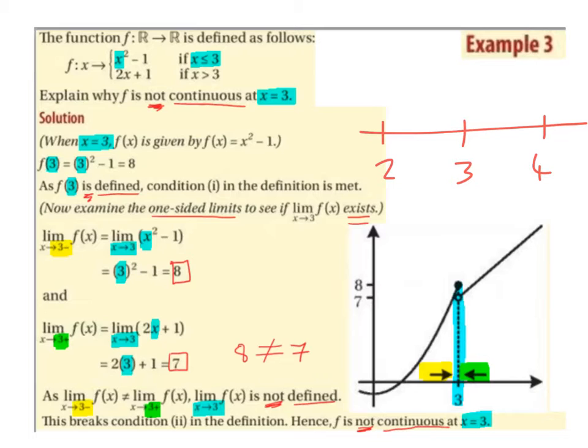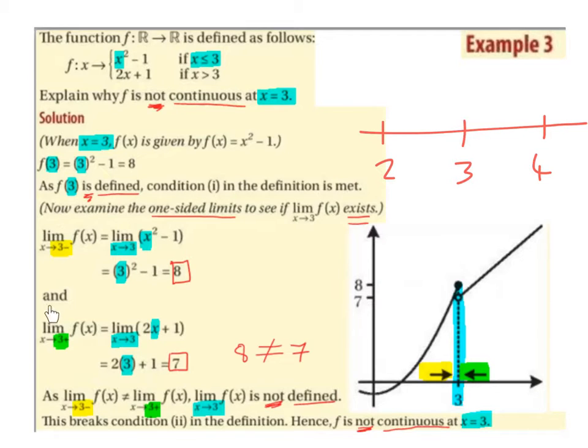If we are approaching 3 from the left, we are including all the values that are less than or equal to 3. So for values less than or equal to 3, we use the function x squared minus 1. So our limit of x squared minus 1 as x approaches 3 is going to be 3 squared minus 1, which is 8. So the limit of f of x as x approaches 3 from the left is 8.